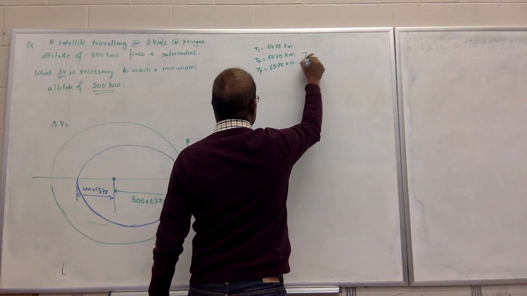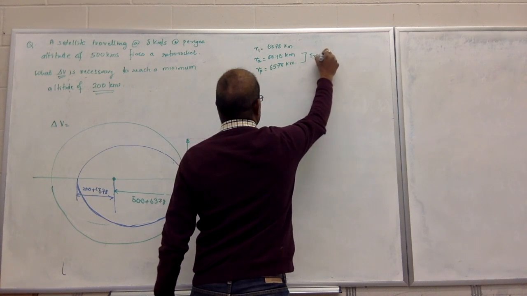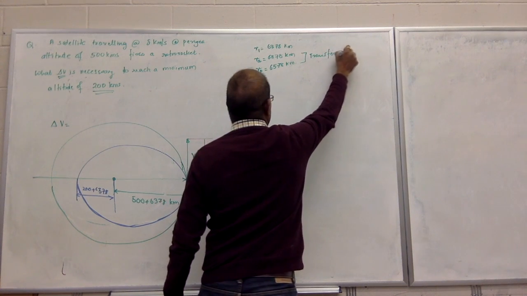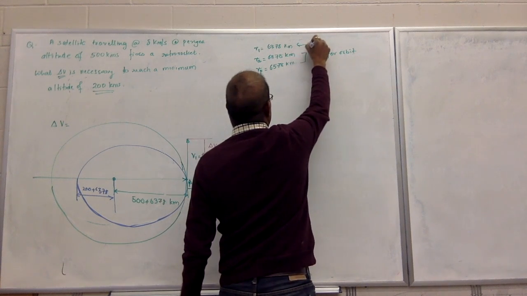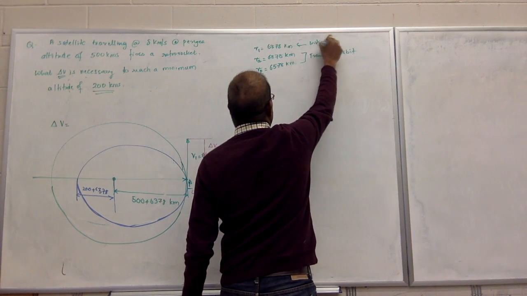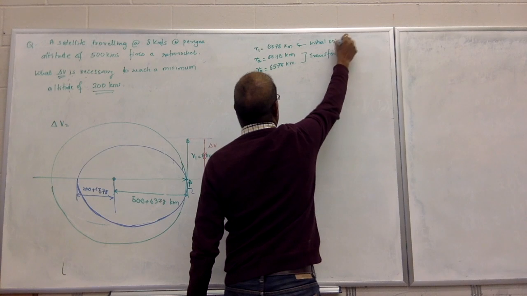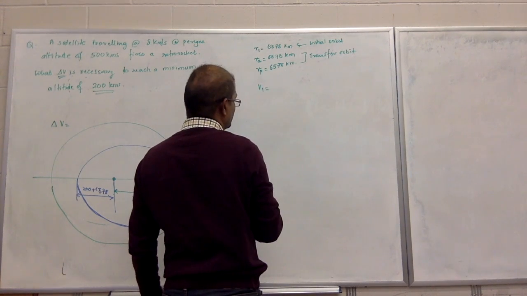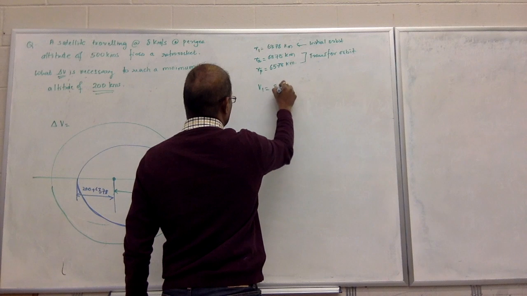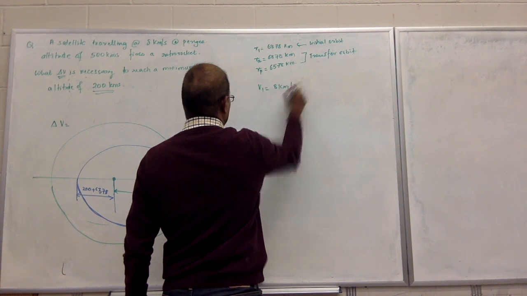These are the parameters for the transfer orbit. This is the parameter for the initial orbit. What is V1? 8 kilometers per second, right?